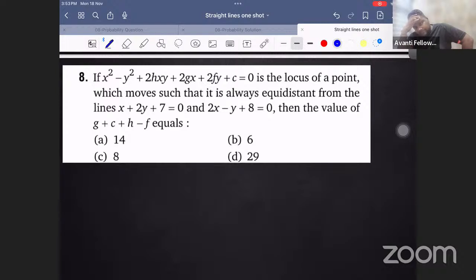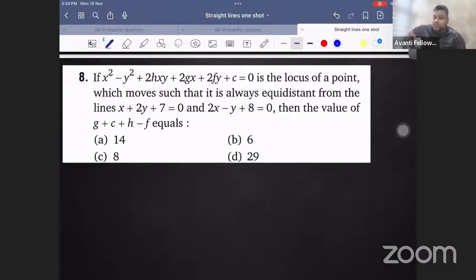Let's go for it quickly. Now see, they are saying this is the locus of a point which moves so that it is always equidistant from this line and this line.